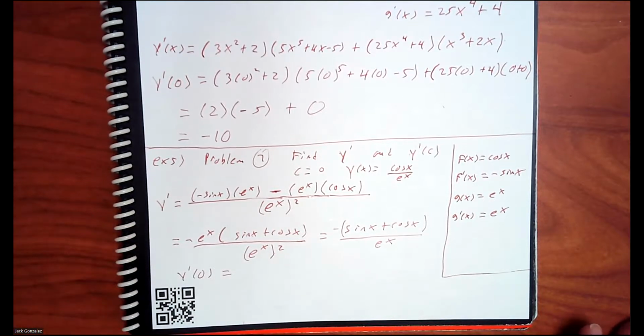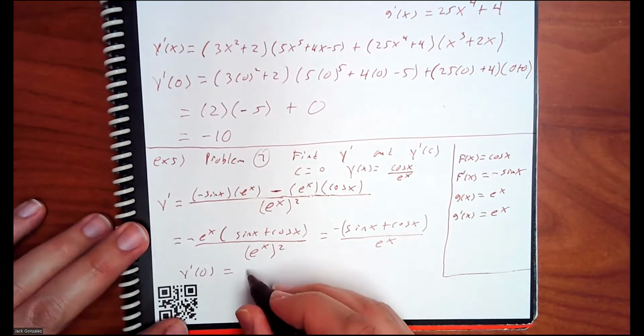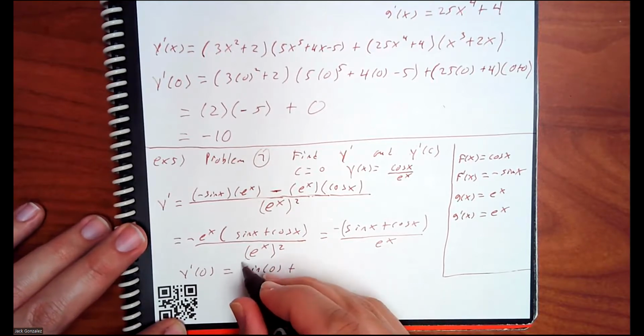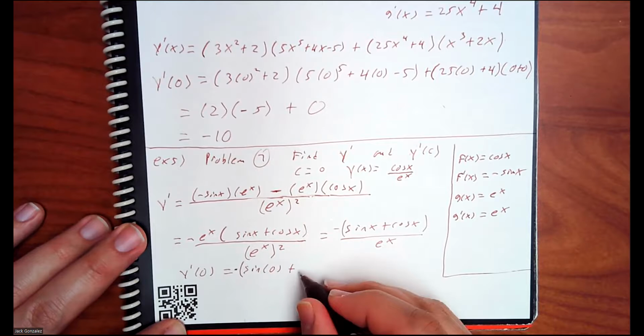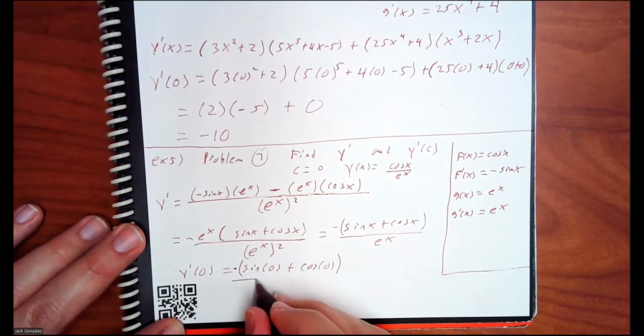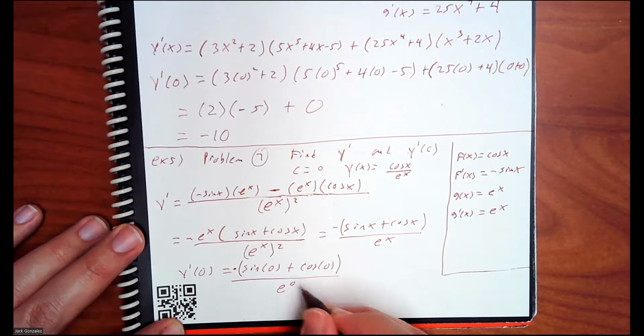If you plug in 0, you will get sine 0 plus negative cosine 0 over e to the 0. What is e to the 0?